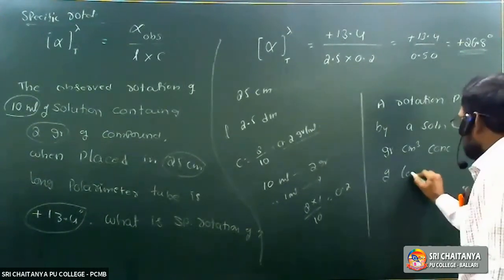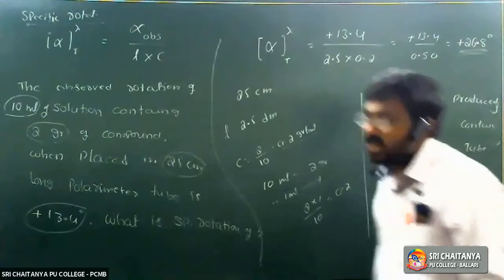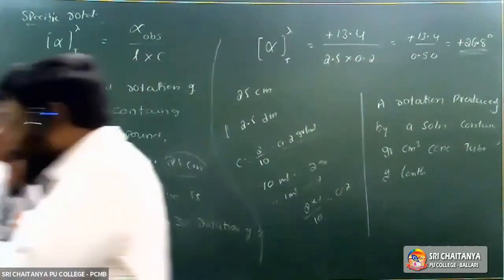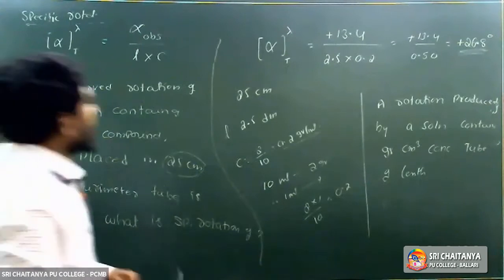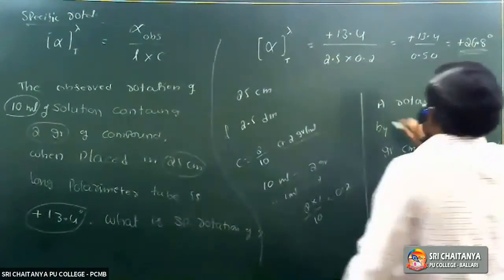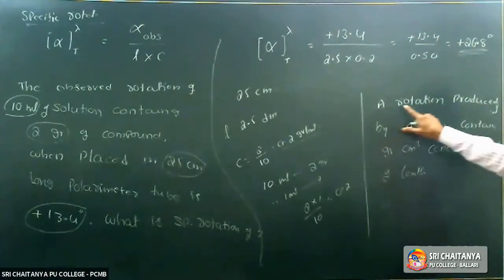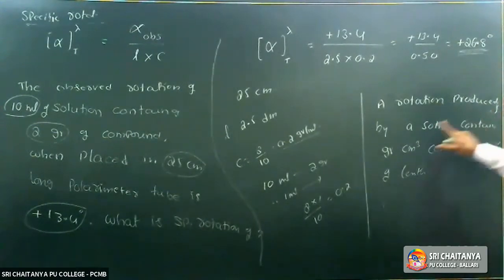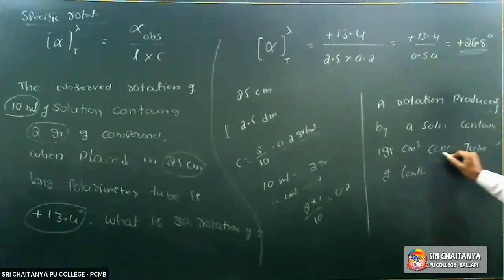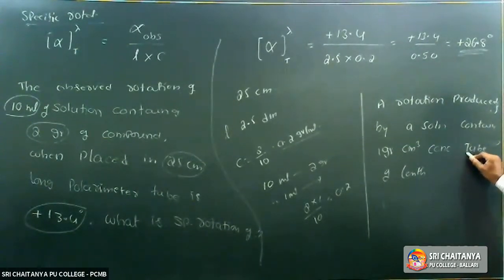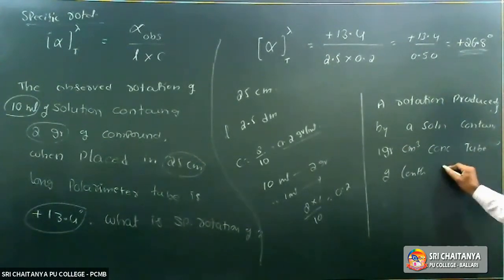What is the length of the polarimeter tube? One decimeter. So it is called specific rotation. Specific rotation is defined as the rotation produced by a solution containing 1 gram per cc concentration, taken in a polarimeter tube of length 1 decimeter.